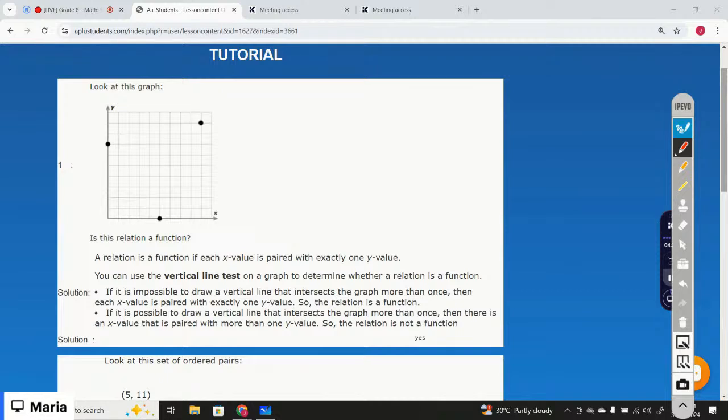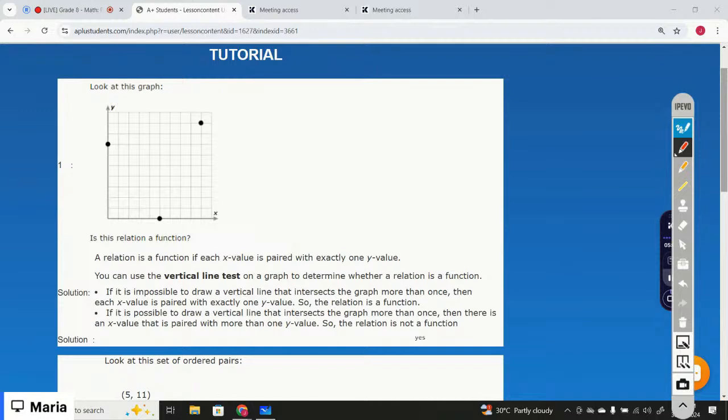You can use a vertical line test on a graph to determine whether the relation is a function. If it is impossible to draw a vertical line that intersects the graph more than once, then each x value is paired with only one y value. So the relation is a function. If it is possible to draw a vertical line that intersects the graph more than once, then there is an x value that is paired with more than one y value.